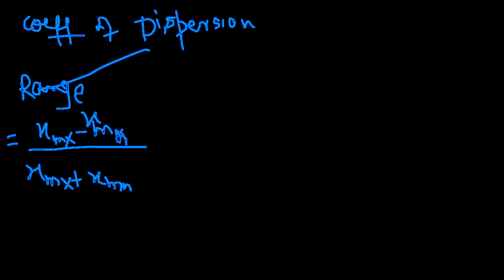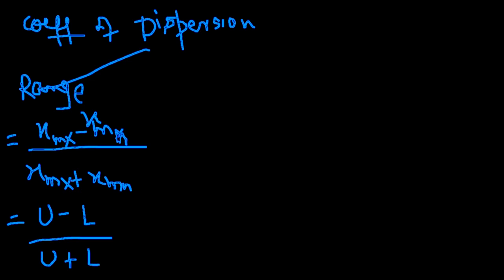Or in other terms, the uppermost value of the upper class minus the lowermost value, over the uppermost value plus the lowermost value. They are one and the same. This will give you the coefficient of dispersion in terms of range.